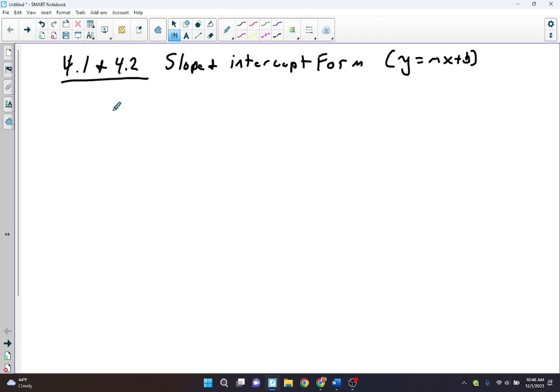So a couple of ways. The first question is usually really easy. I just give you the slope, say 3 over 2, and the y-intercept, which is the point (0, 4). In this situation, it's literally just plug in what you have.